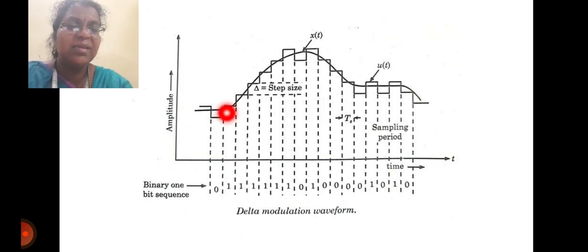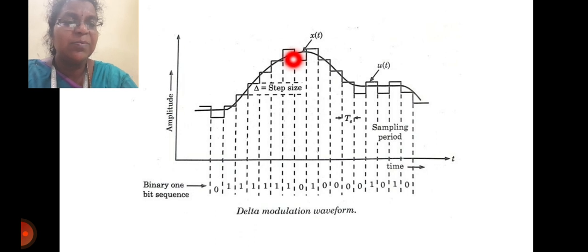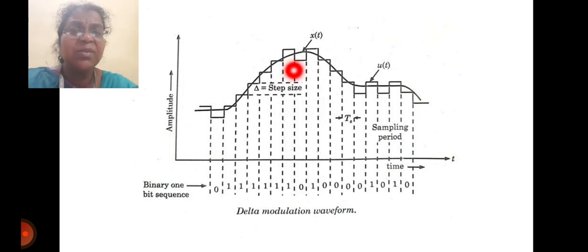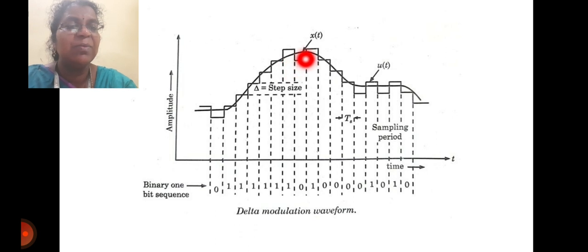At this instant again the message is higher, therefore the step size is increased. So whenever the message signal is higher than the staircase approximated signal, the step size will be increased, and whenever the message signal is lower than the staircase approximated signal, then the step size is reduced by del.